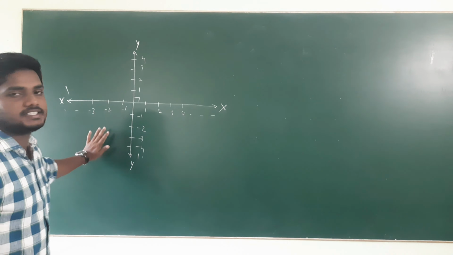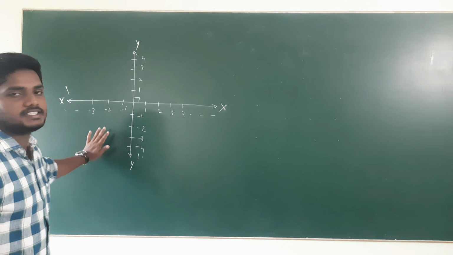Before plotting on the graph, we need to write the scale. Scale is what values we are taking on the x-axis, like 1, 2, 3, 4 or 2, 4, 6, 8. Why? Because if the values are big, we cannot represent them as 1, 2, 3, 4. If it is 100 comma 0, it would be somewhere far away. So if big values are there, we will increase the scale.